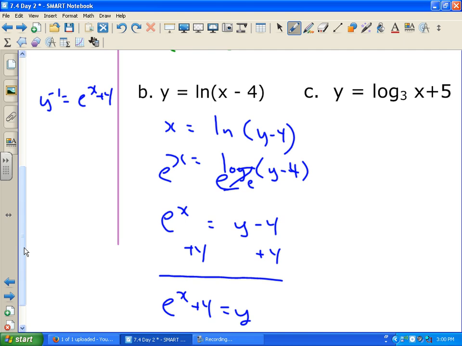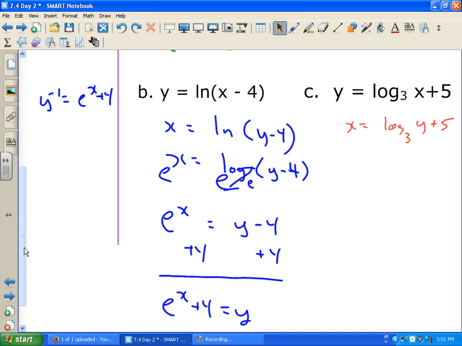Next one. Y equals log base 3 of x, plus 5. First step, rewrite. X equals log base 3 of y, plus 5. Now, I want to be very careful before I go over this next problem. I want you to look at letter B that I just did and letter C that I'm going to do right now.